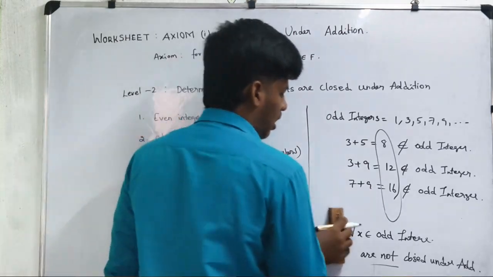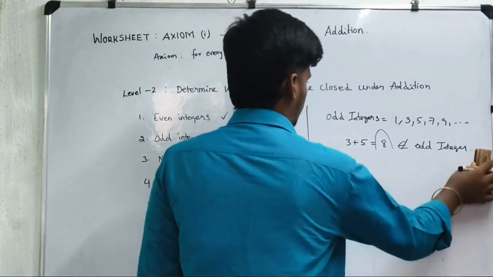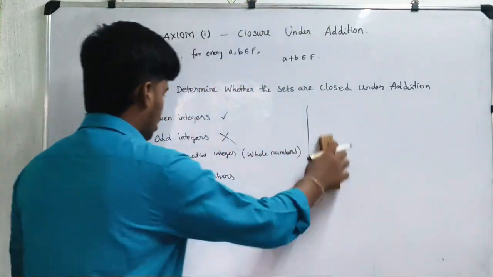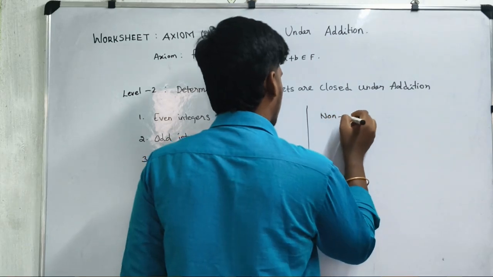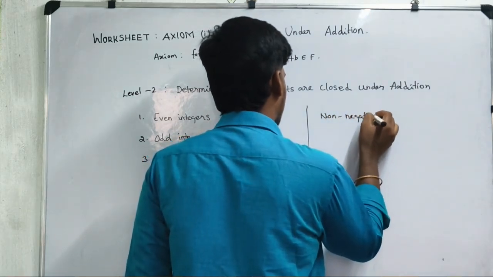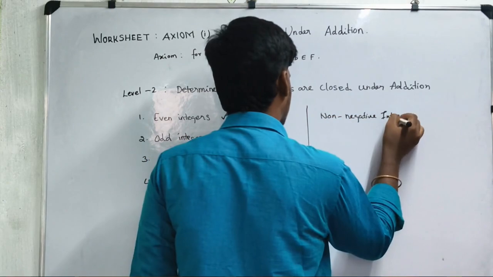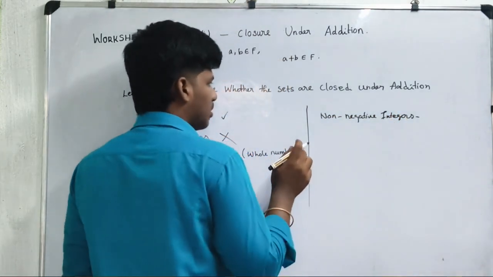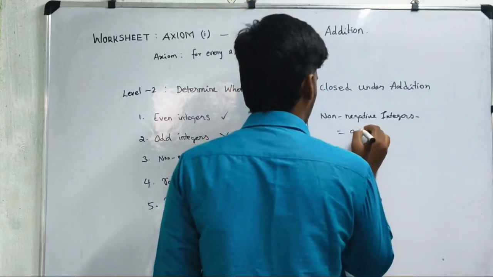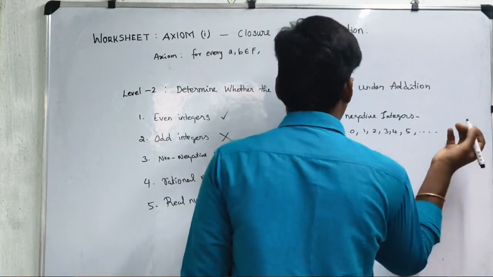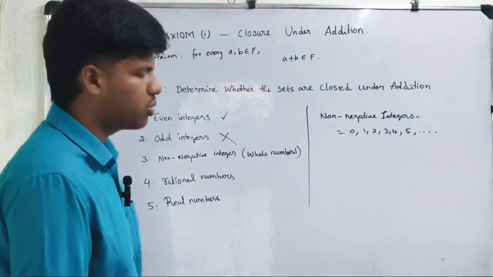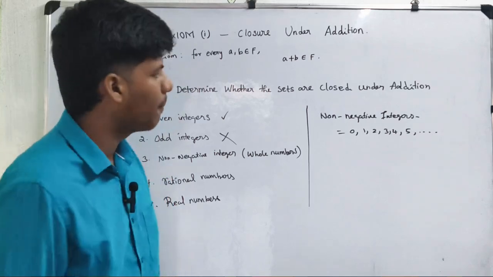Now our next question is non-negative integers. Non-negative integers are 0, 1, 2, 3, 4, 5, up to infinity, also called the whole numbers.